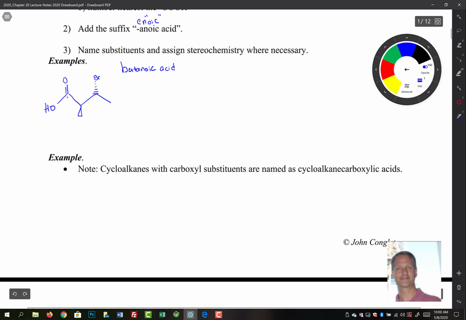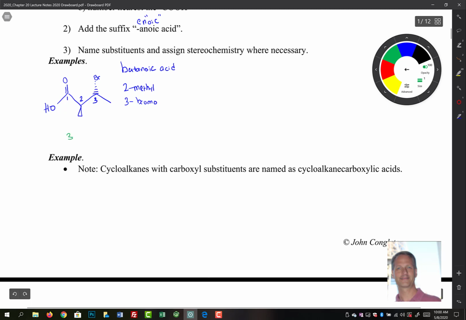So here we have carbon number 1, 2, and 3. So that's a 2-methyl, right? So you've got a 2-methyl there, and then we have a 3-bromo. And then we put that together in alphabetical order.